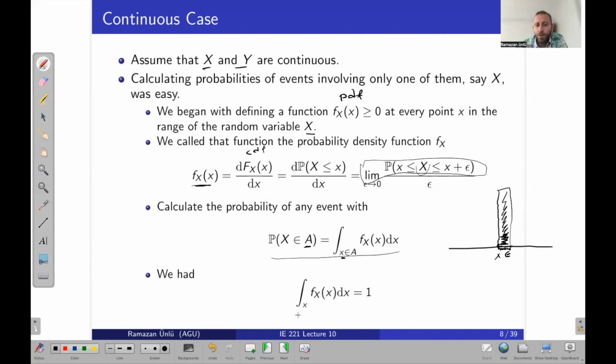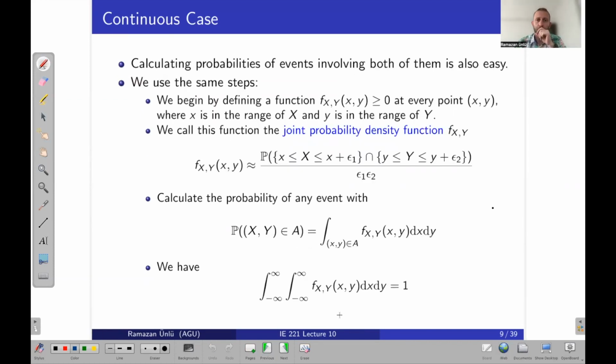Also we have the normalization axiom: the integration over all possible x values will be 1. That is for a single random variable, and we saw these things in the previous lectures. Now let's look at two continuous random variables. We will follow the same steps.